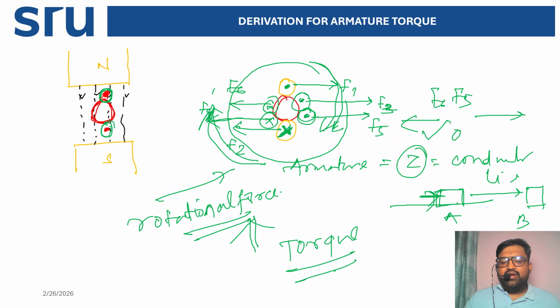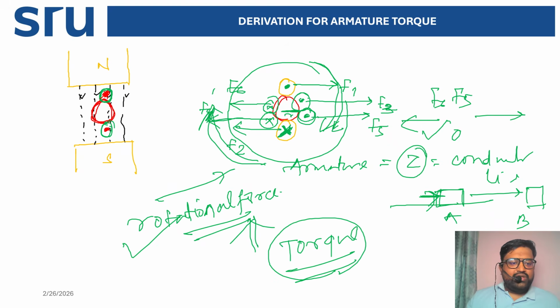But when you see the torque, what are the factors you can see? One is your force, another one is the radius of the armature. That's why you should remember every time that the torque formula is the force acting on the armature times the radius of the armature.